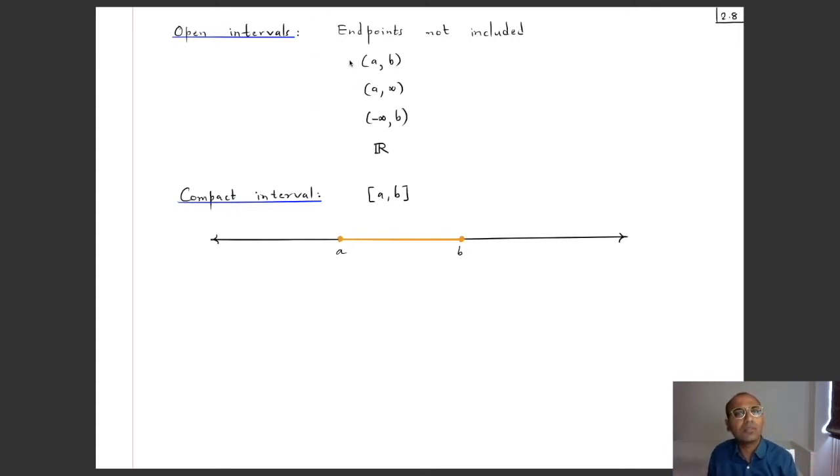So all of these are open intervals, and again this open means something precise, but that you will learn in MA 203. Okay, so right now it's just a name for these types of intervals. We sort of collectively call them open intervals.